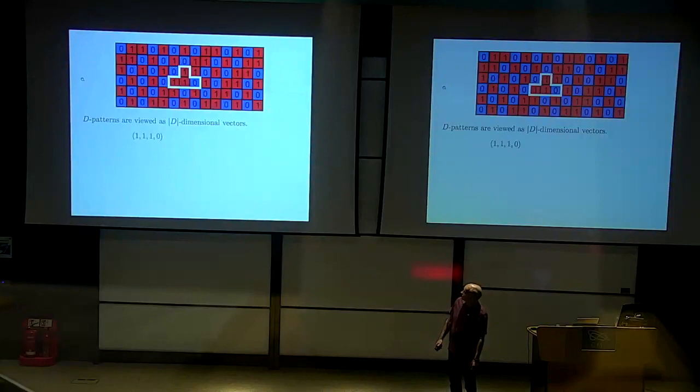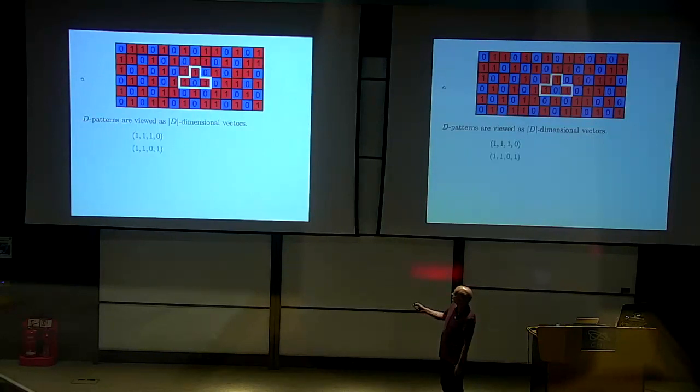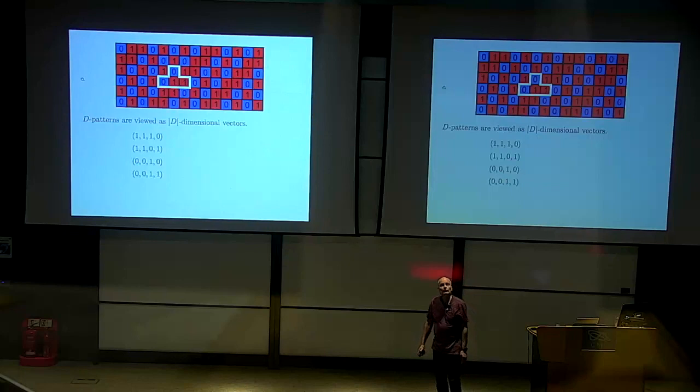So here, let's say I just fix the order in which I read them in my shape. Here I would have 1, 1, 1, 0, and 1, 1, 0, 1, and 0, 0, 1, 0, and 0, 0, 0, 1. So I have 4 vectors, and they are all 4-dimensional vectors in this example.